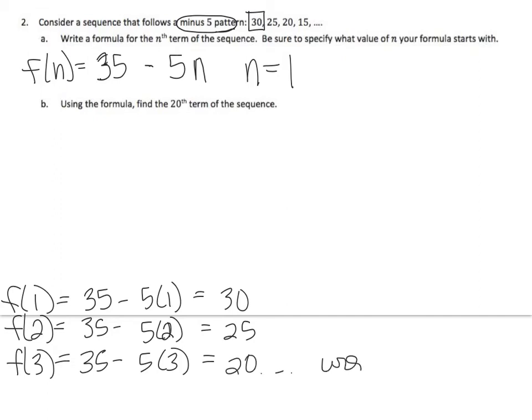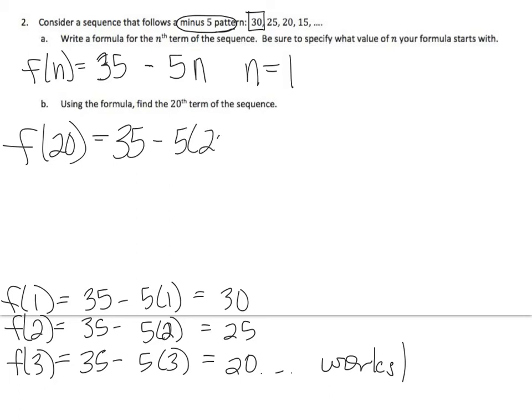It works. Using the formula, find the 20th term. So f of 20 is 35 minus 5 times 20, which is 35 minus 100, which is negative 65.